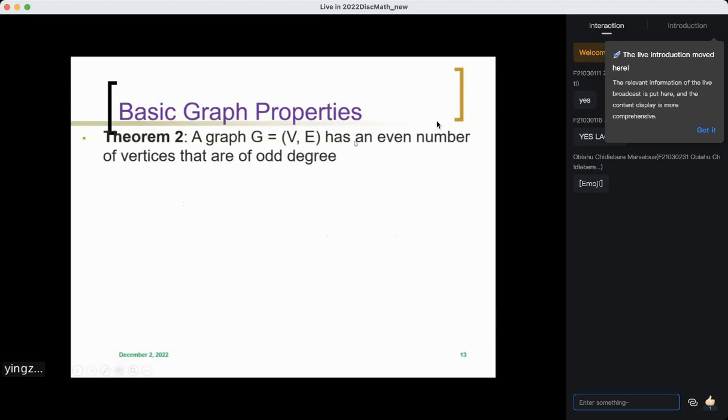And CR2 means that there is an even number of vertices that have odd degree.